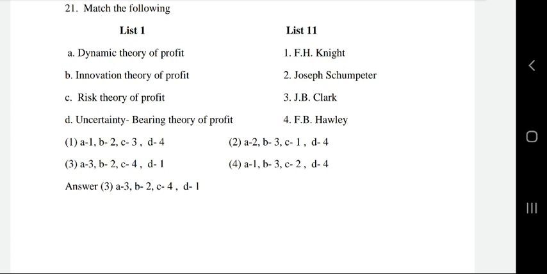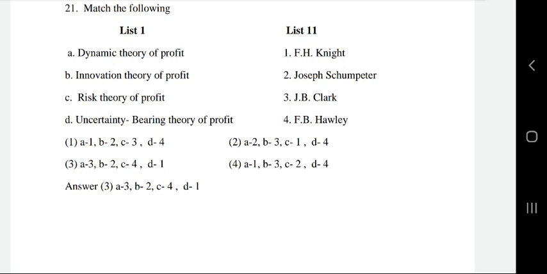Next, we have innovation theory of profit, proposed by Joseph Schumpeter. This theory observed that if an entrepreneur wants to make profits, he needs to make innovations in terms of products or services.